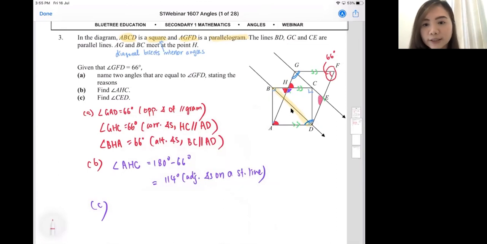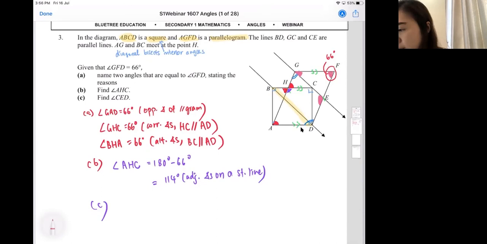To find this angle, we can use the exterior angle of a triangle. Let me use this color in pink to show you. We can use this.